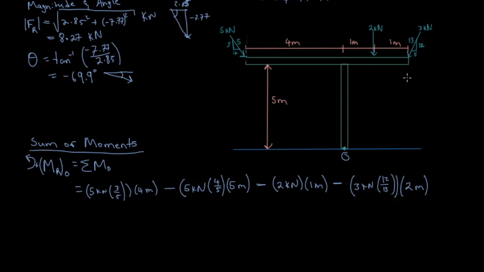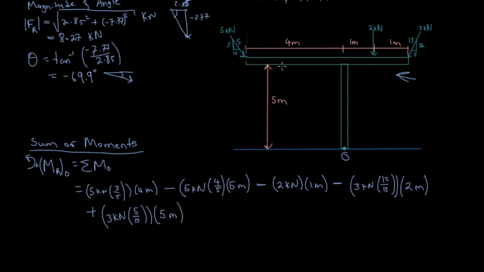Since it points this way, it causes a counterclockwise rotating tendency, so our moment will be positive. So we'll write plus, this time, 3 kilonewtons times 5 over 13 multiplied by this perpendicular distance here, which is 5 meters.